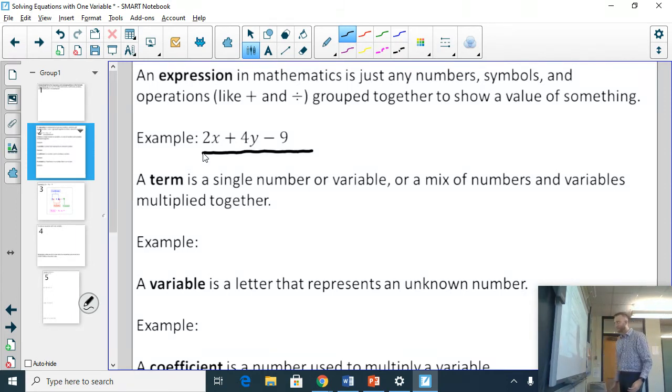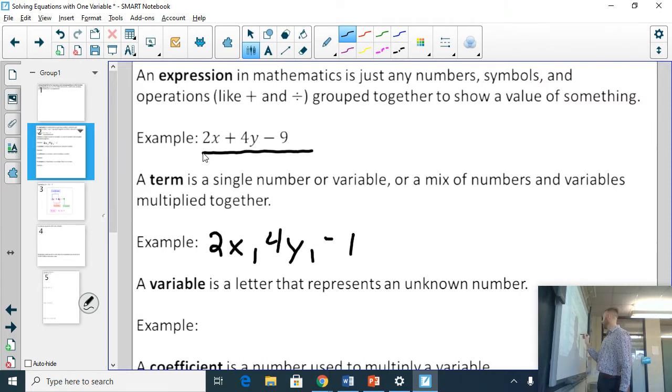And stuff. So a term is a single number or variable or a mix of numbers and variables multiplied together. So working with our example above, our terms would be 2x, 4y, and minus 9. Those would be our terms.